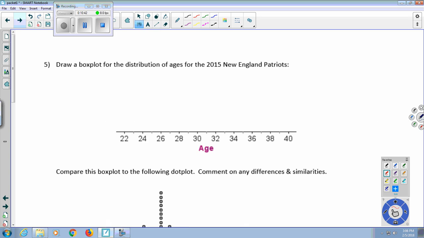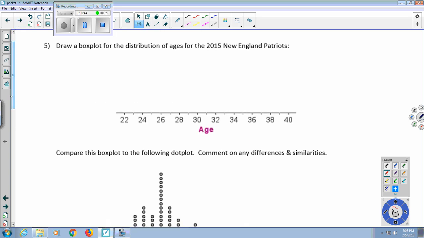The next page says, draw a box plot for the distribution of ages from the New England Patriots. We just wrote our 5-number summary on the other page, so let me jot that down because this is the key information that we need: 22, 24, 25, 27, and 38.